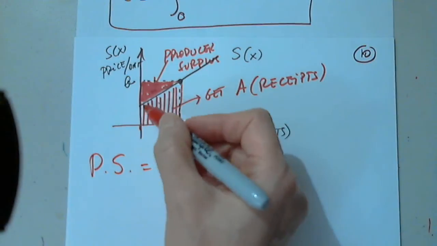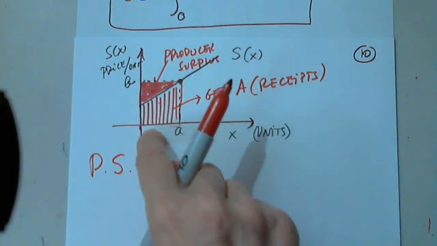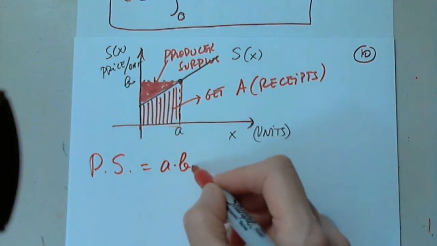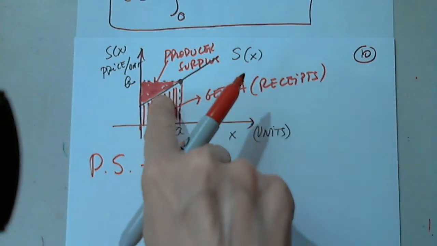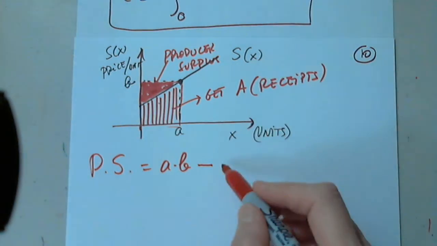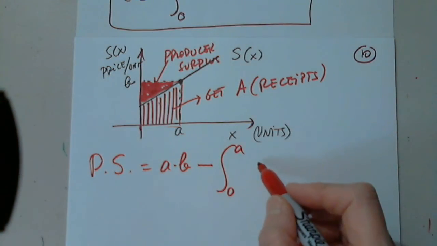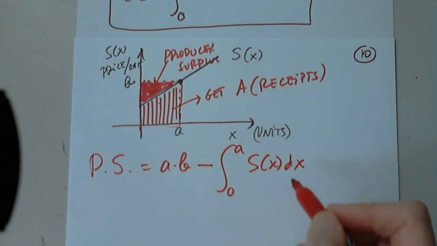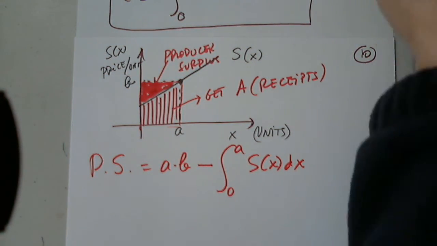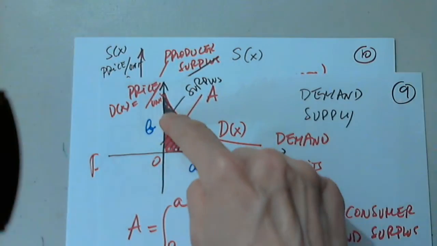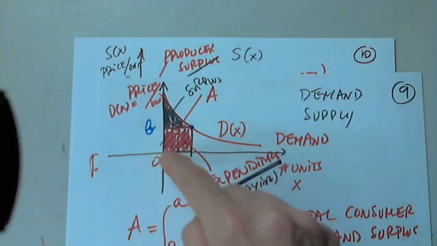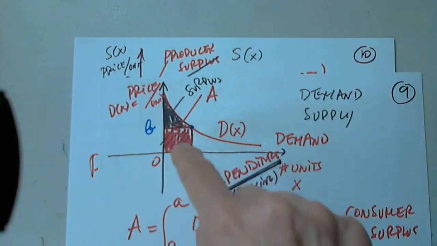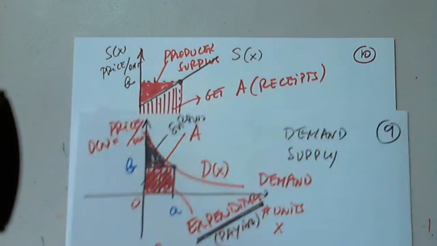And how do I determine this? Very easily. A times B minus the area under the supply function, the integral from 0 to A of S of x dx. For the consumer surplus, we have to subtract from the area the rectangle.